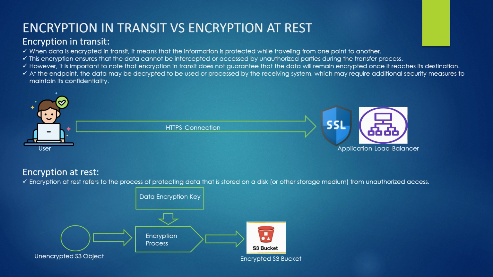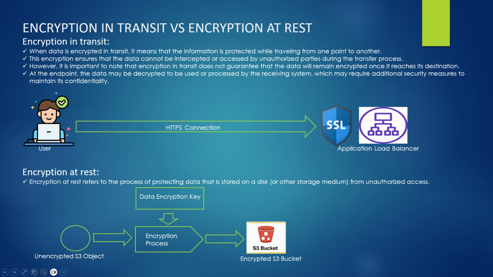Just to give you an example, in this diagram you can see you are transferring some data from your laptop or your endpoint to this application load balancer. Suppose you have a website that runs behind an application load balancer, and you are transferring your data using an HTTPS connection.